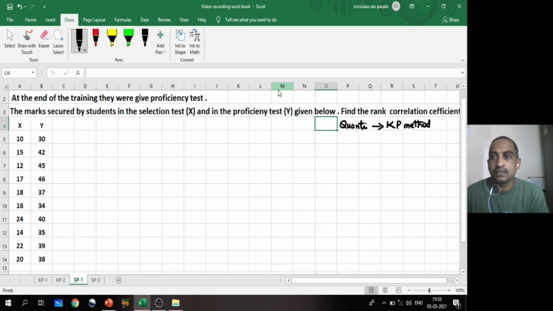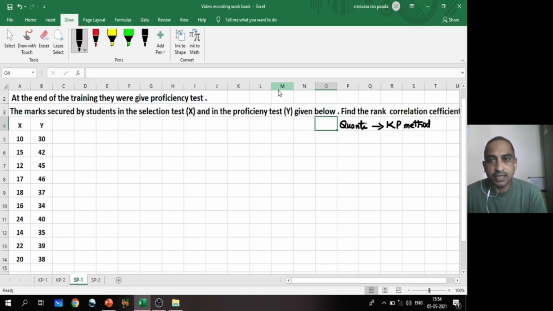If the variables are not quantifiable, and we are just giving the order of preferences, in such cases Karl Pearson's method is not appropriate. The other method is Spearman's rank correlation coefficient method.